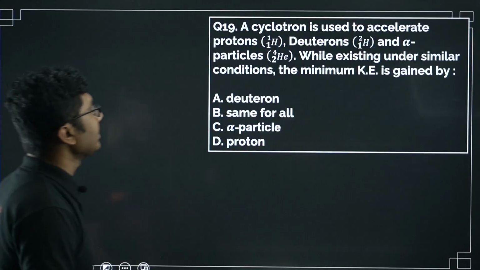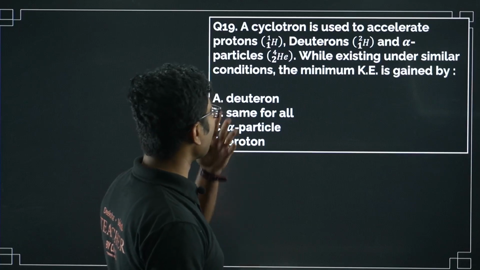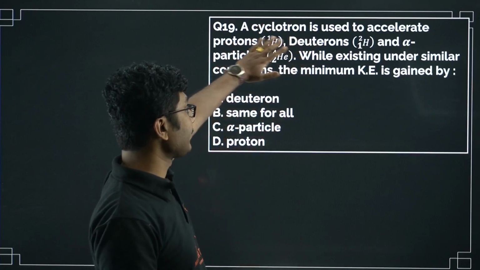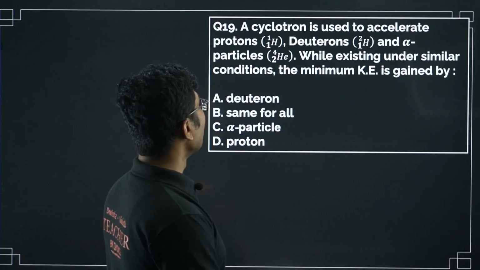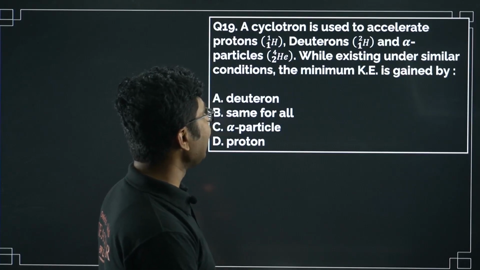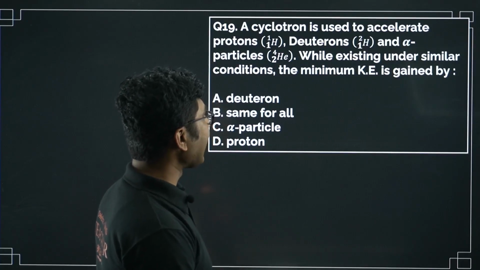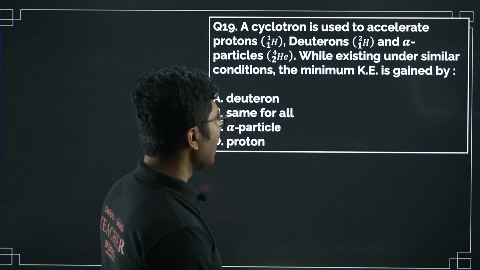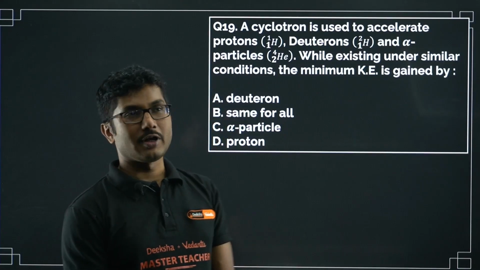Now, next question. A cyclotron is used to accelerate protons. Now the cyclotron is not there, but this question is solvable. A cyclotron is used to accelerate protons, deuterons and alpha particles under similar conditions. The minimum kinetic energy is gained by. Minimum kinetic energy is gained by the one who has the smallest velocity.